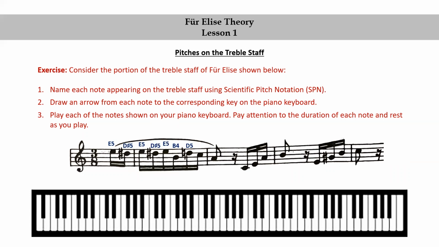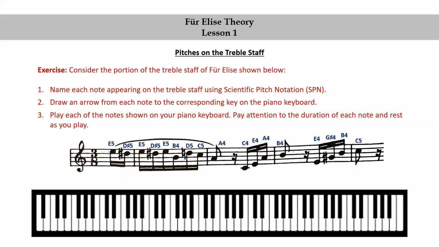If there was no natural symbol there, it would still be D sharp 5, but the natural symbol makes it D5. C5, A4. Here we have a ledger line that gives us a C4, then E4, A4, B4, E4, G sharp 4, B4, and C5.